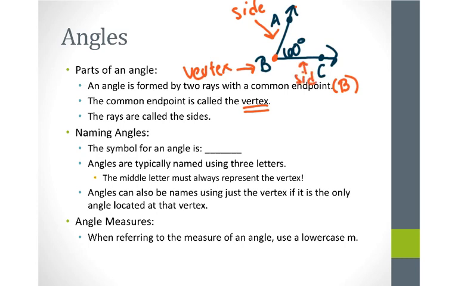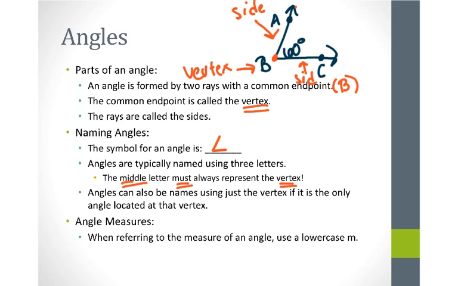Okay? Now, naming angles. When you name an angle, you're going to use the angle symbol, which looks like just like a capital letter L, but it's a little more slanted. Angles are typically named using 3 letters, where the middle letter must be the vertex, okay? So the middle letter must be the vertex.